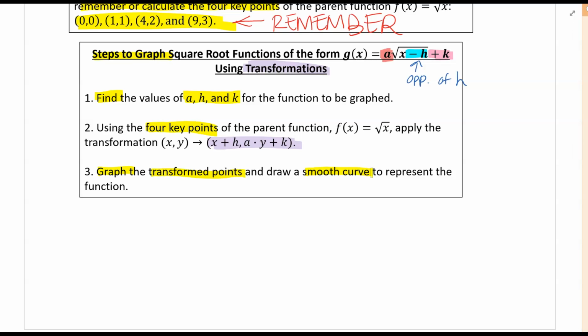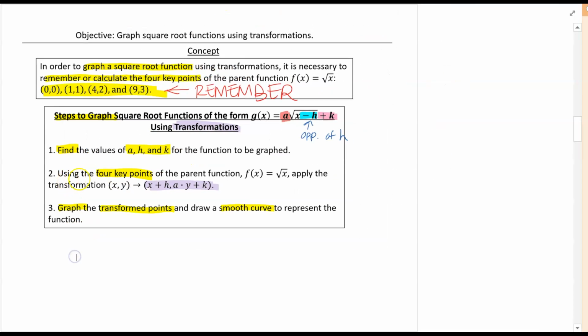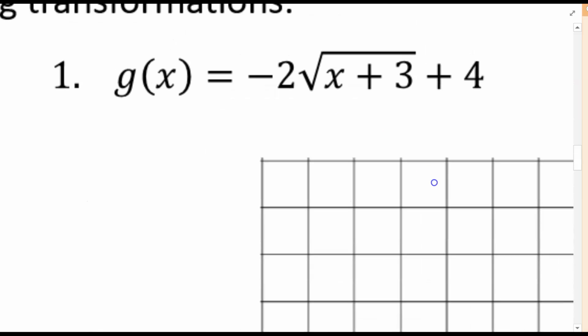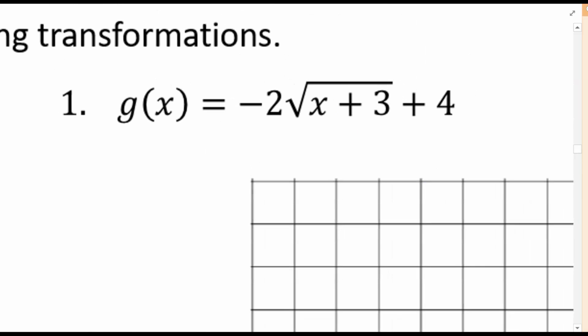So let's look at an example. So example number 1, please copy that equation. G of x is negative 2 times the square root of x plus 3 plus 4.